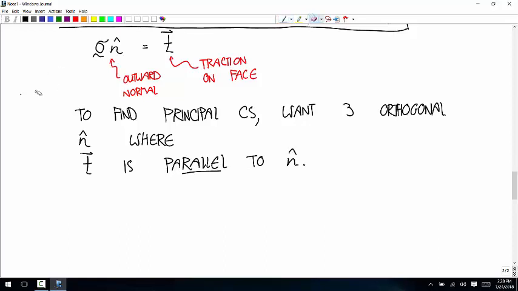Okay, think about that for a second. So on a given face that does what we want for this principal stress tensor, the outward facing normal points out of the stress cube, and we want the traction vector on that face to either point out of or into the face. So we want that traction vector to be parallel to n.